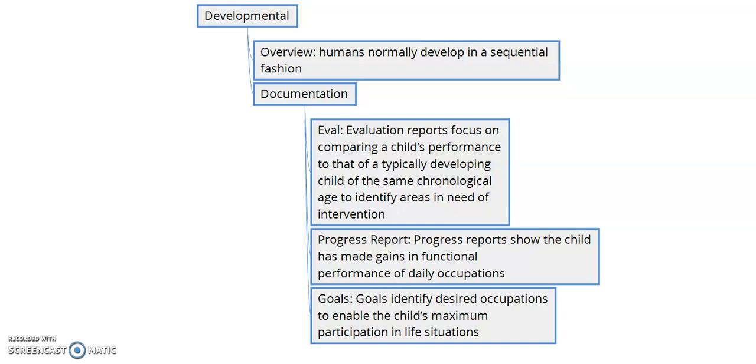Progress reports under this frame of reference show the child has made gains in functional performance of daily occupations. And your goals, to be written under this frame of reference, should identify desired occupations to enable the child's maximum participation in life situations.